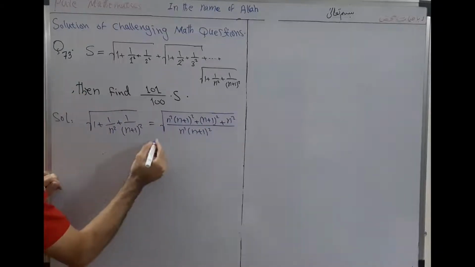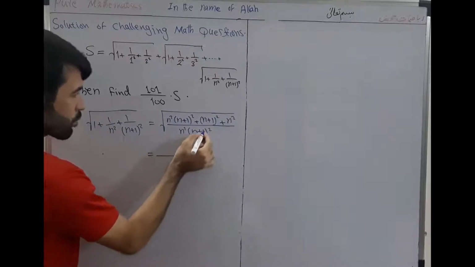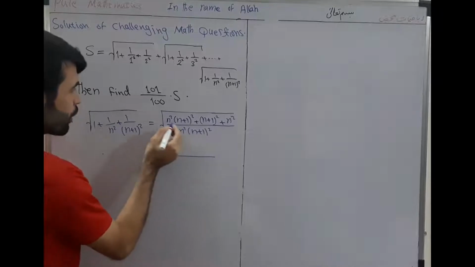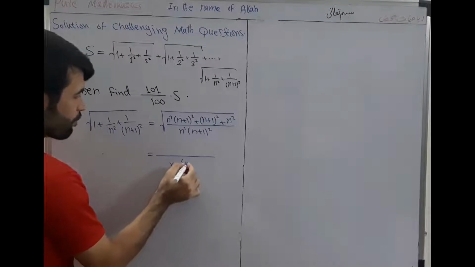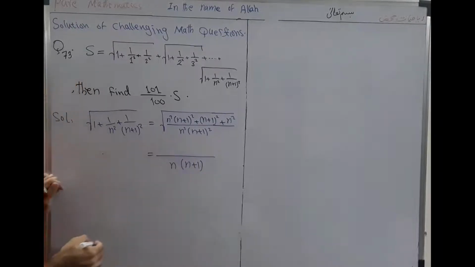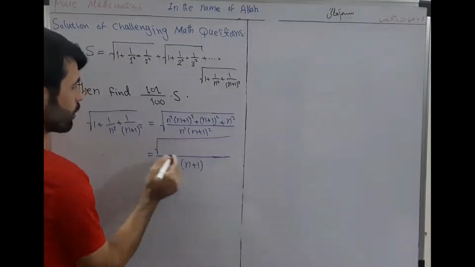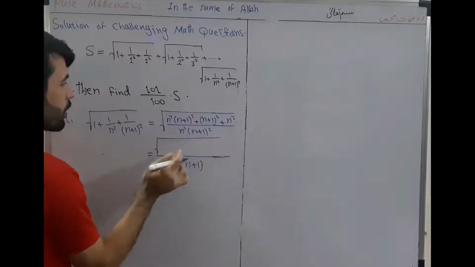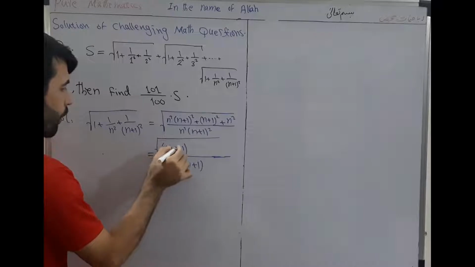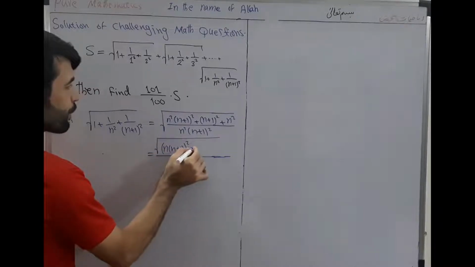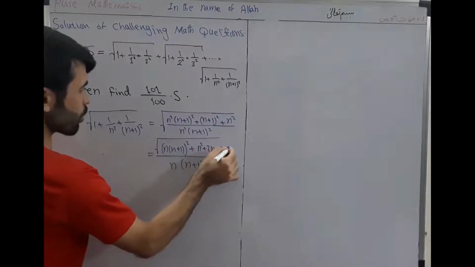Now it is equal to this, n square into n plus 1 whole square cancelled by square root of square root, then we get n into n plus 1. Here we have the square root of n square plus n plus 1 whole square, plus n square plus 2n plus 1 plus n square.